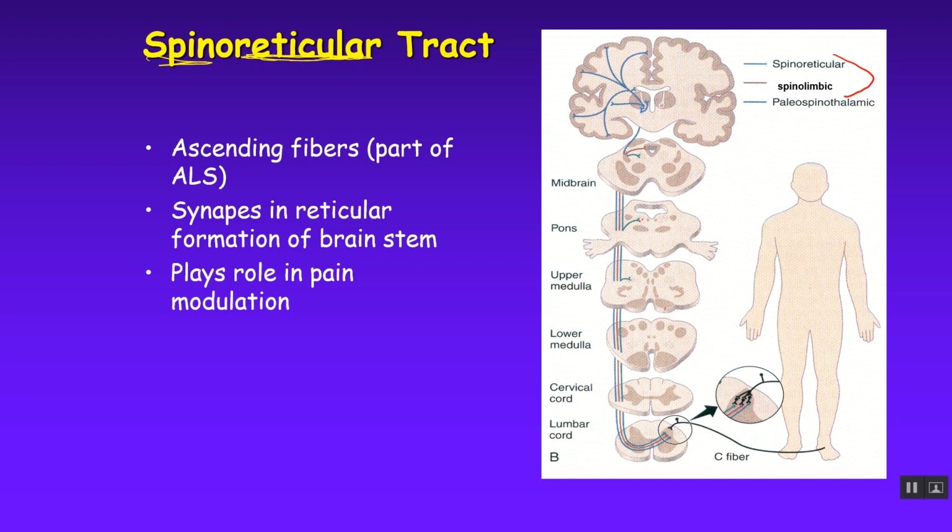Some of the reticular formation fibers also project upwards into your cerebrum to help modulate pain, but mainly downwards to the spinal cord. Don't have to worry about the downward part yet. We're going to talk about that when we talk about pain modulation in the next lecture. Okay? Spinoreticular. It's afferent, from the spinal cord, runs with all those anterolateral system pathways. It just stops at the brainstem. It only has two orders of neurons.